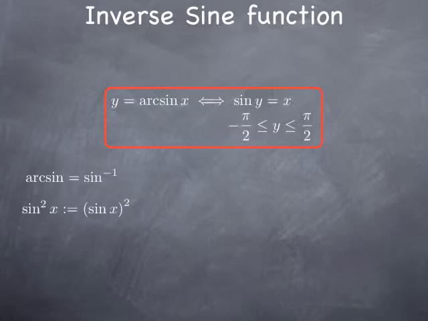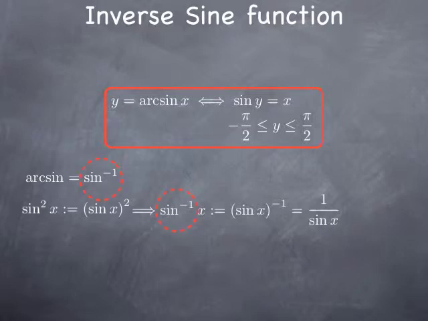So to be coherent with this convention, when we write sine to the -1 of x with the -1 next to the function, it should mean, if we were consistent, that it's the number sine of x to the -1, and when you have a number to the -1, it's just a reciprocal. In other words, it's a multiplicative inverse.